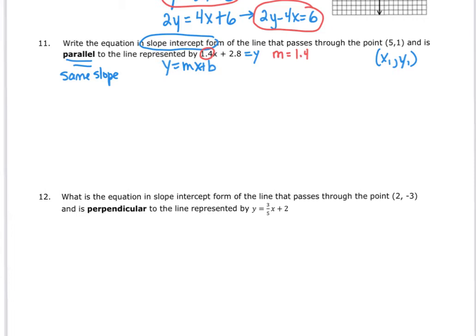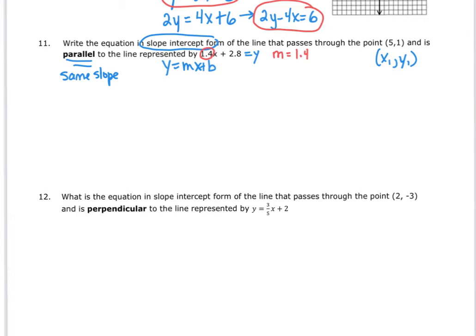So we know we've got the slope, we've got the point. They want our answer in slope-intercept form, but we have a point and a slope.